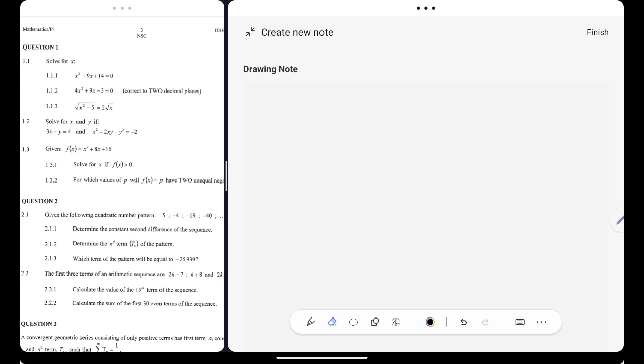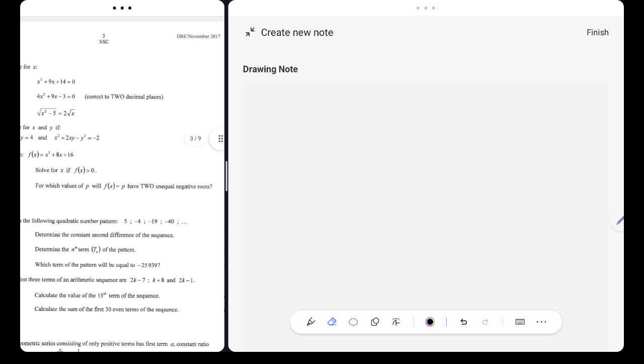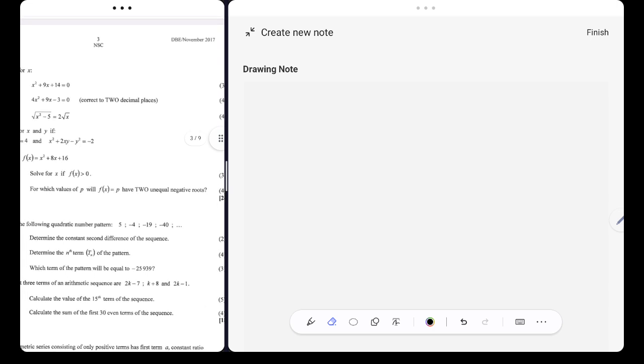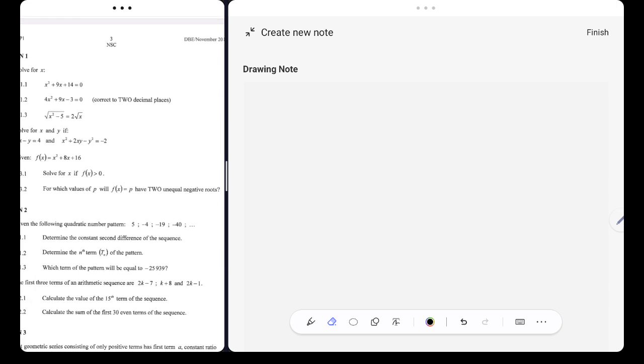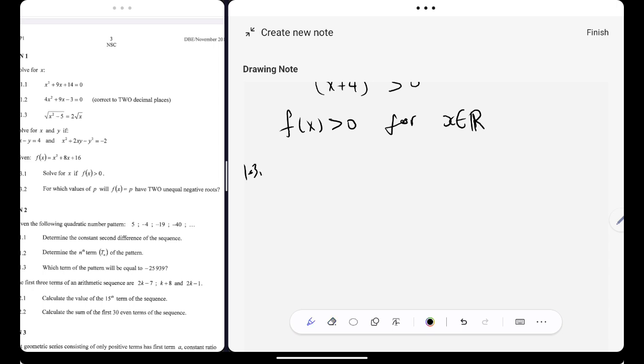And then now I'm asked for which values of p will f of x have unequal roots. Whenever I'm told that my equation will have unequal roots, 1.3.2, I'm being told that my roots are there. They are there. However, delta is just a positive number. It's not equal to 0.